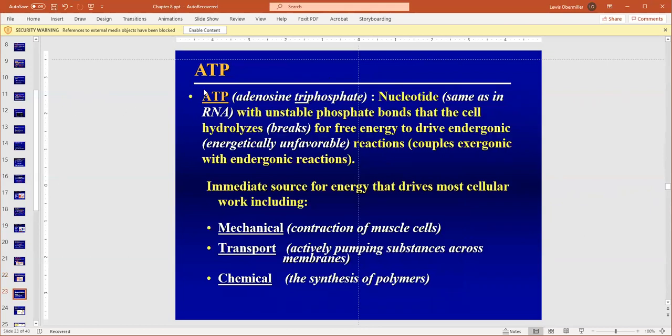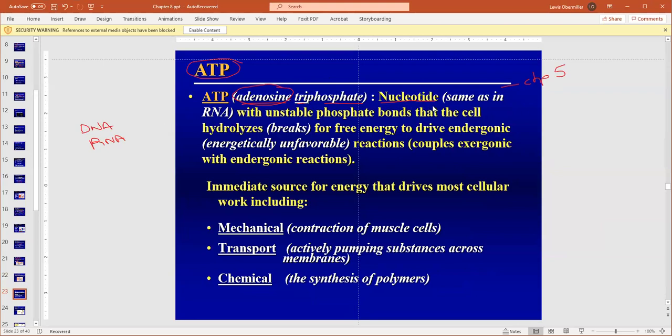Okay, so that brings us to our energy molecule. Our energy molecule is ATP, which stands for adenosine triphosphate. Adenosine is the same molecule as we have in DNA and RNA. It's a nucleotide, and we covered this in chapter 5.